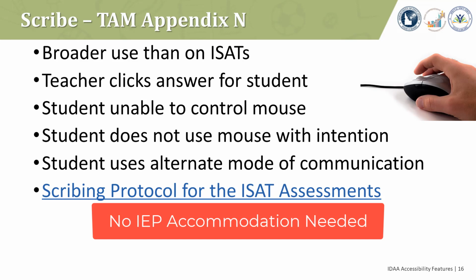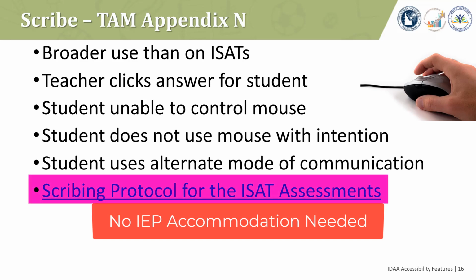Regardless of how the student communicates their answer choice to the teacher, it is acceptable for the teacher to be a scribe and click answer choices for the student in the Secure Test Browser. The scribe just has to be sure they are clicking the student's answer choice, even if it is incorrect. Understand that a teacher serving as a scribe for a student taking the Idaho Alternate Assessment must comply with the scribing protocol for the ISAT assessments.